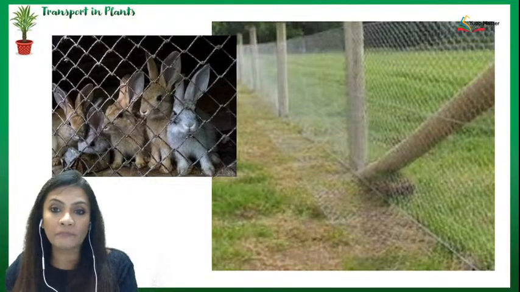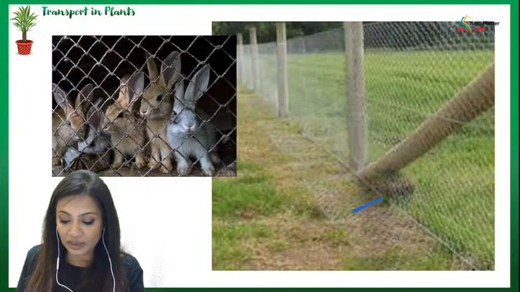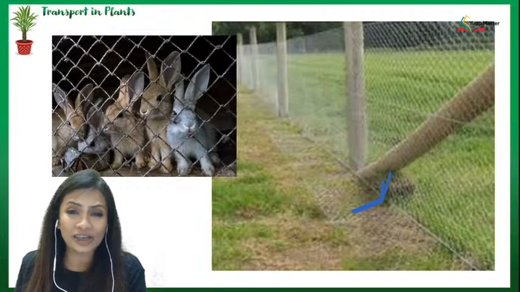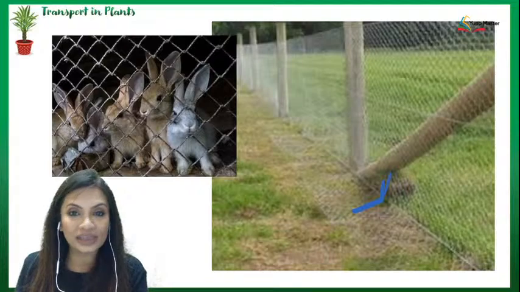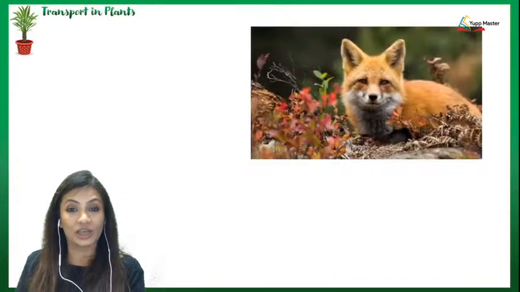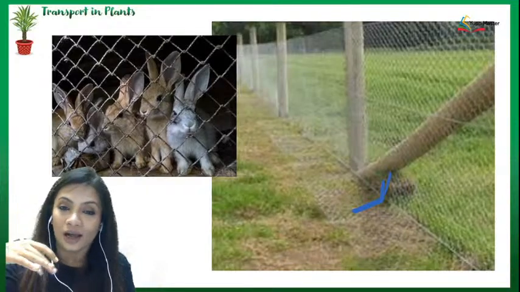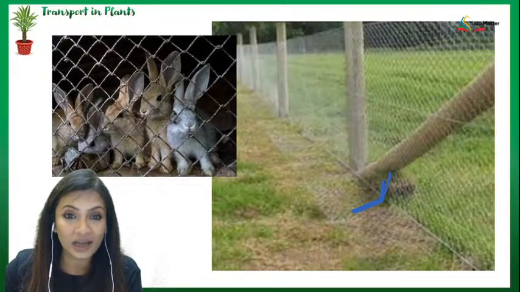That is why many foresters are opting for this method of fencing, that is the building of this net over here, and these are called rabbit nets, or rabbit proof nets, so that they keep the rabbits away. All right, so basically, even though we find rabbits to be very cute and very pleasant animals, that's not the case for these foresters.